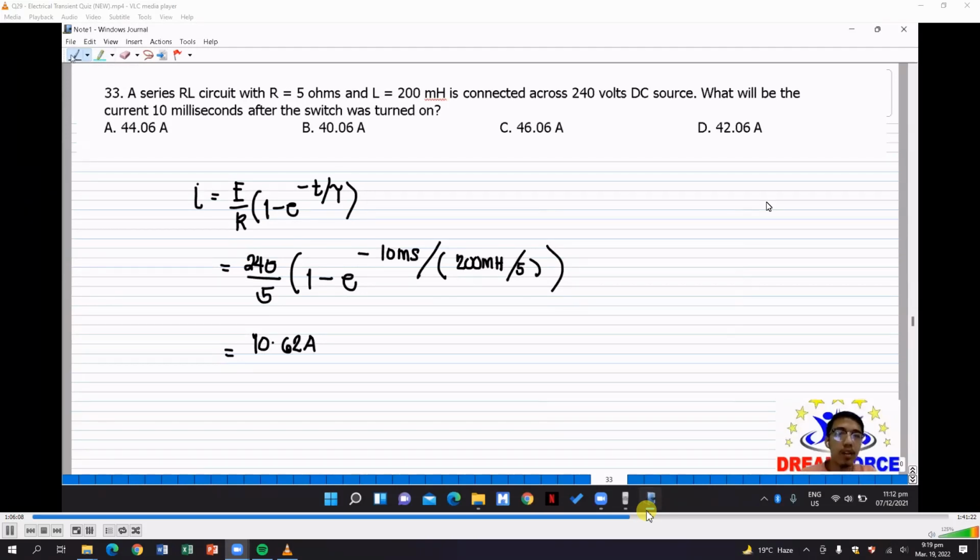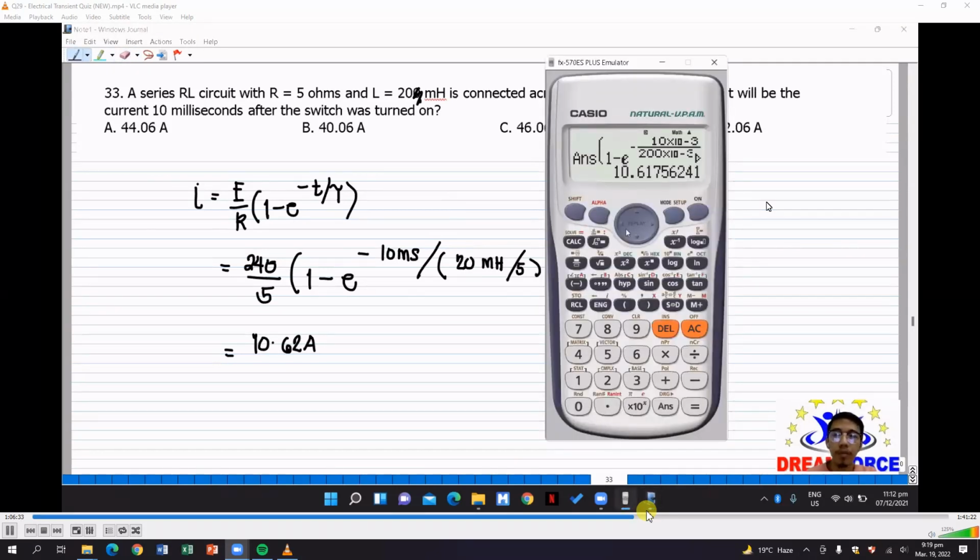So, let's try, para tumaas yung value ng current natin, dapat tumaas yung exponent dito. So, try nating babaan yung denominator para tumaas yung exponent. Tama? So, try nating bawasan to ng 0. Gawin natin siyang 200 or 20.